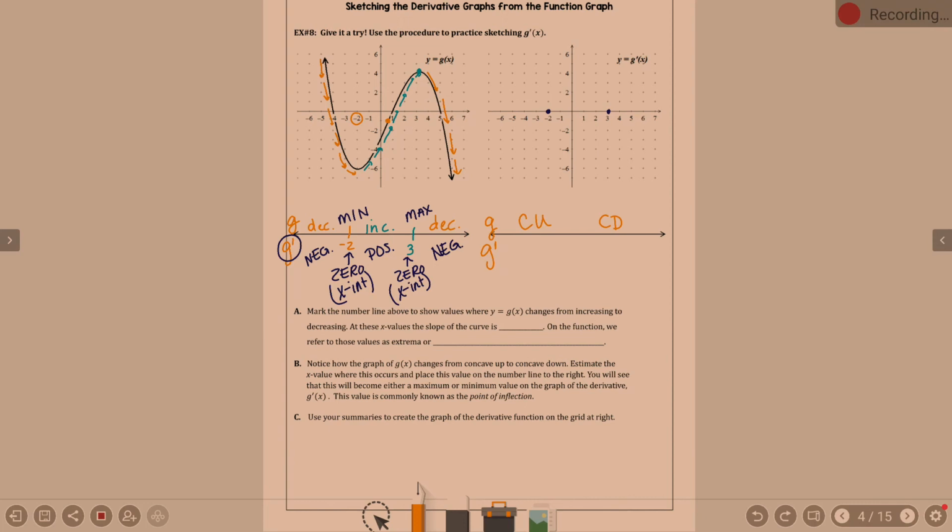Okay. We want a nice, neat number. How about I use 0.5? So my graph changes from concave up to concave down. And at that 0.5, there is an inflection point, or point of inflection. Okay? IP is the same thing as POI.